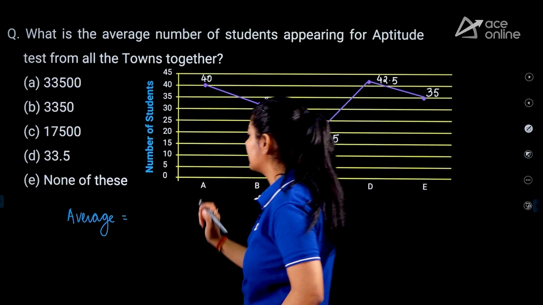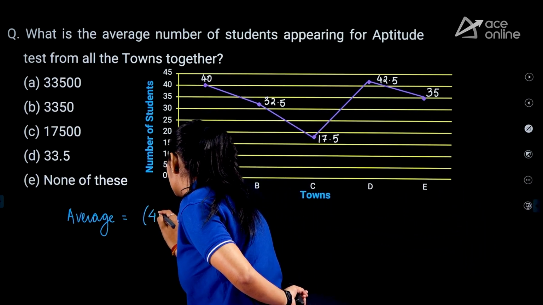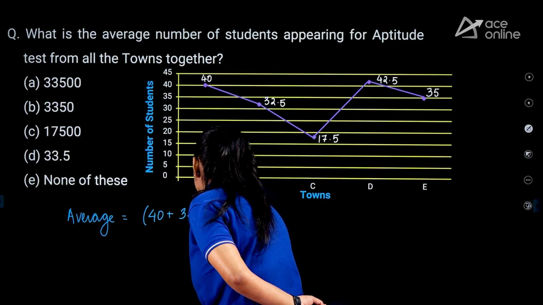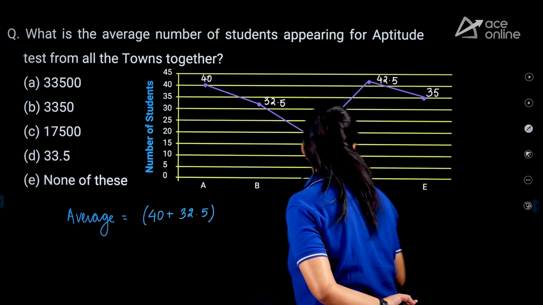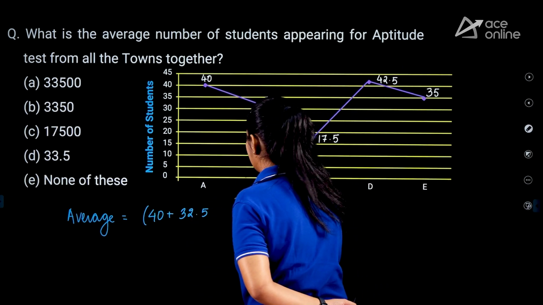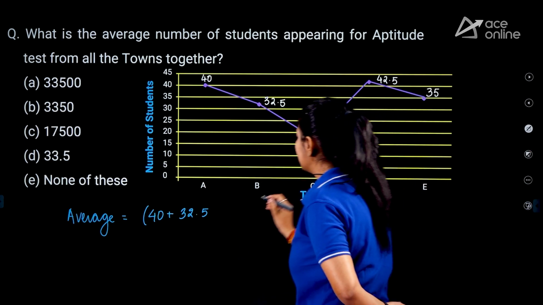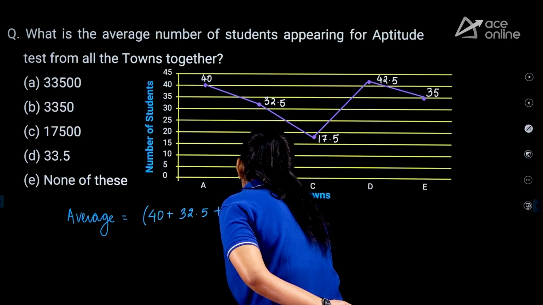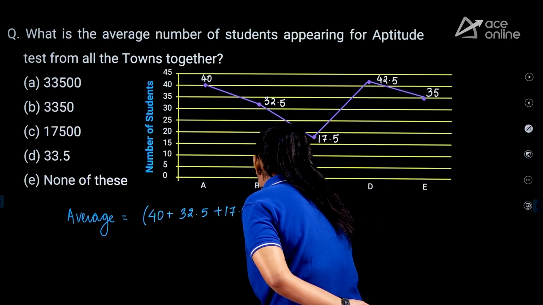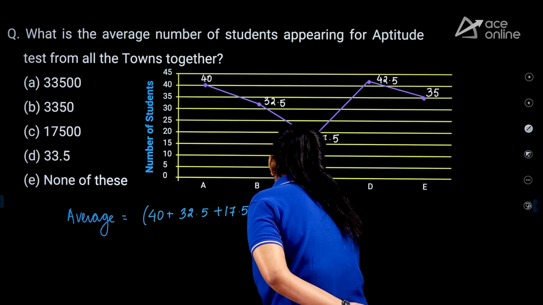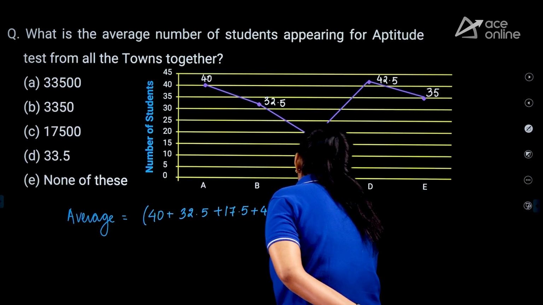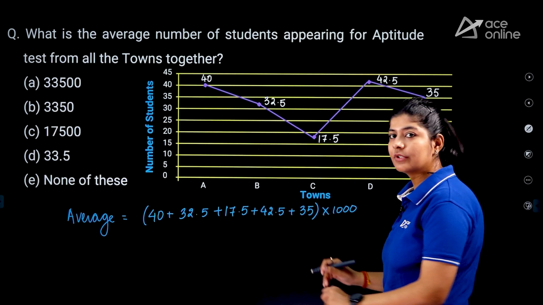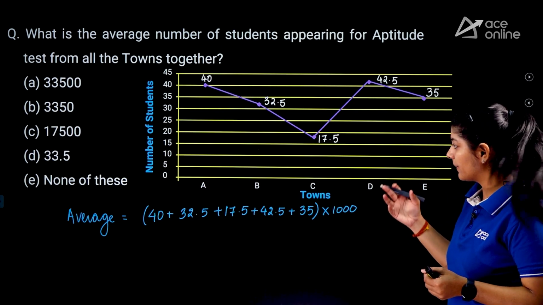So here it is 40 plus 32.5 plus 17.5 plus 42.5 plus 35, and I am just directly multiplying all the values by 1000 because I know that all these values are multiples of 1000.